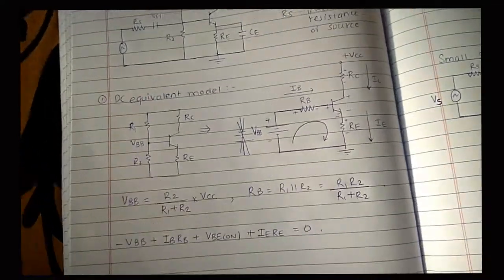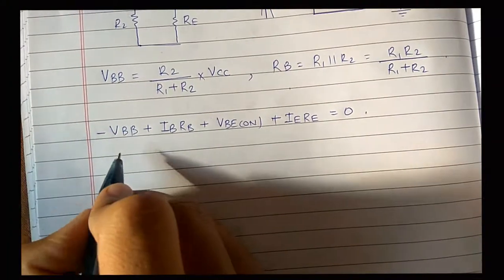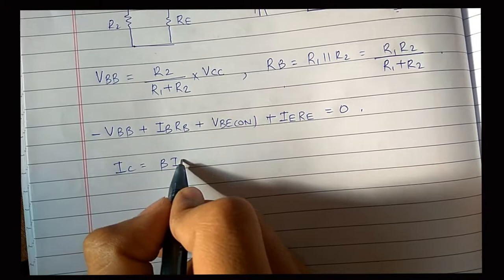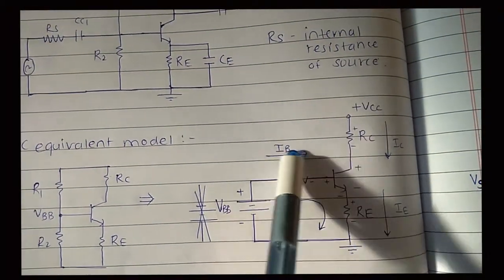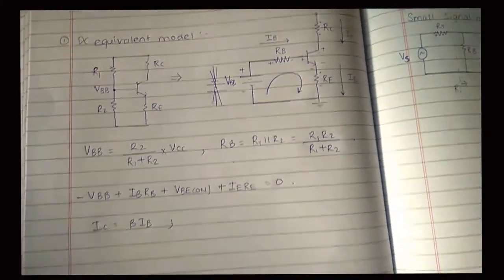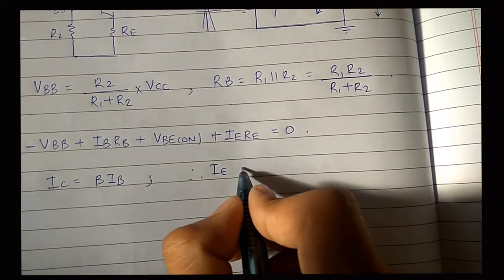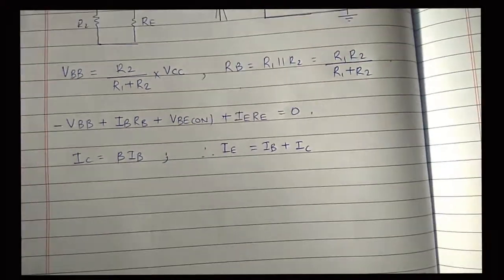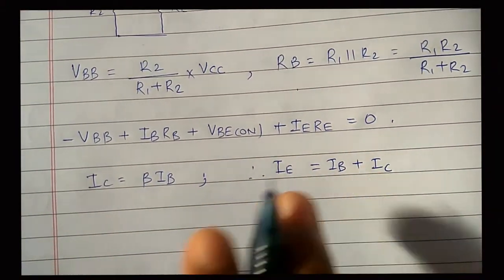Okay, so now we know that IC is equal to beta into IB. And you can observe here that this IB and this IC combine and it is equal to IE, that is, IE equals IB plus IC. We will replace IC by beta IB.